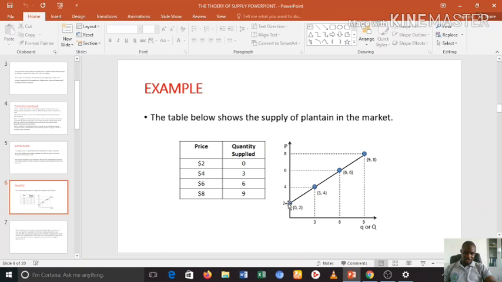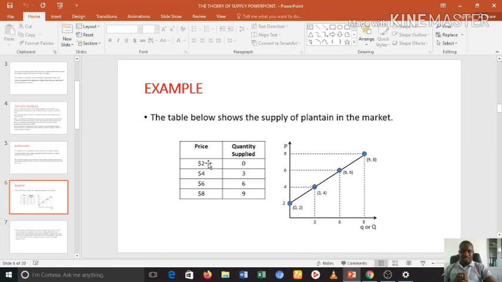This is a price column and this is a quantity column. Remember that I told you that on demand and supply, price must always be allocated on the y-axis, while quantity demanded or supplied must be allocated on the x-axis. On our y-axis we see price, and on our x-axis we see quantity supplied.